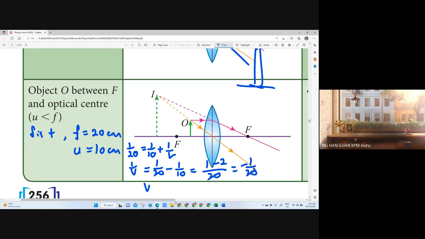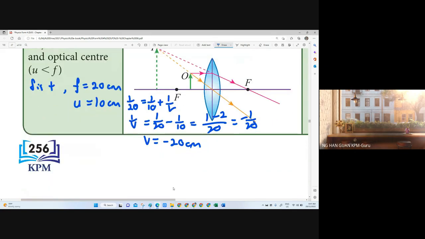So V equals negative 20 centimeter. V is negative. Negative means it is virtual, and virtual must be upright.